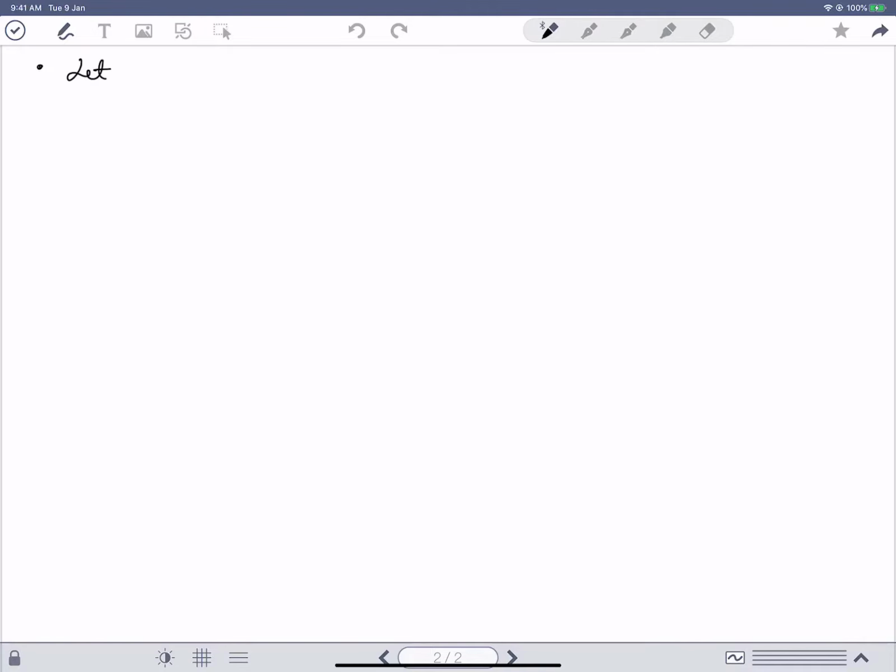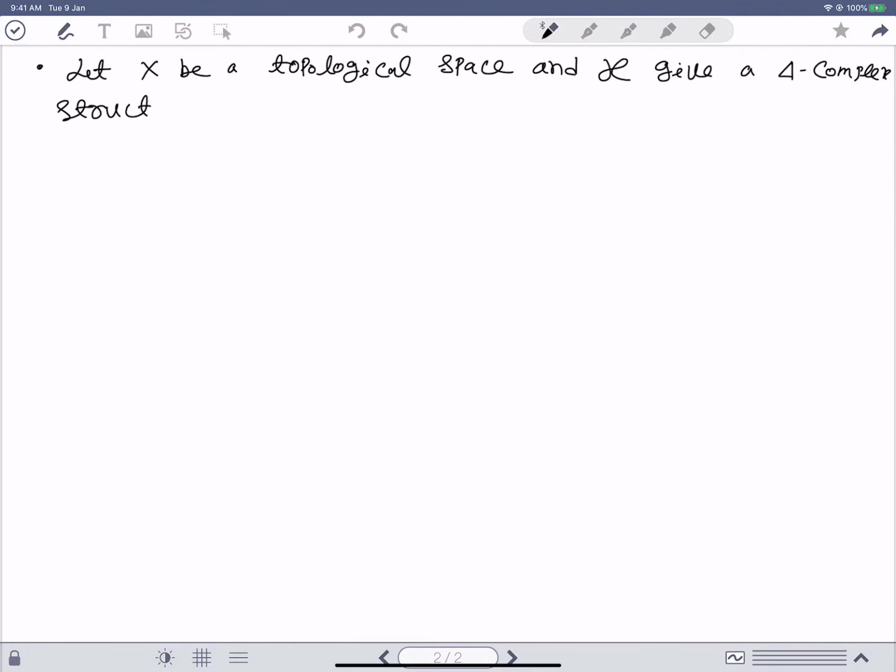So now let X be a topological space and say that script X gives a delta complex structure on X. Okay.